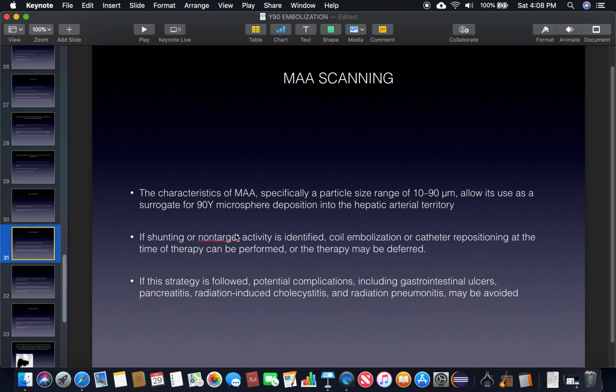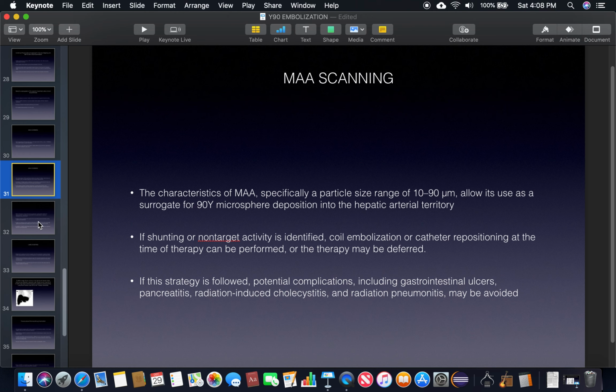So if there is no shunting, then proceed; if there is shunting, then coil embolization can be done, or you can reposition the catheter at the time of therapy. The important thing is to avoid any potential complication, i.e., if there is any GI ulcer, pancreatitis, radiation-induced cholecystitis, and pneumonitis. These are the potential complications that can happen if there is shunting.